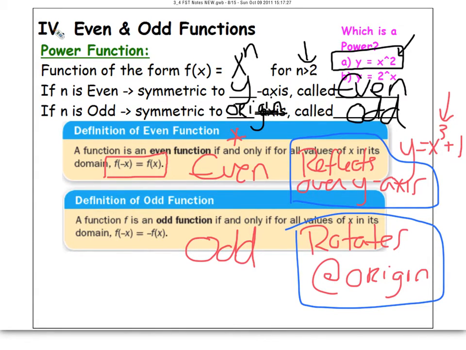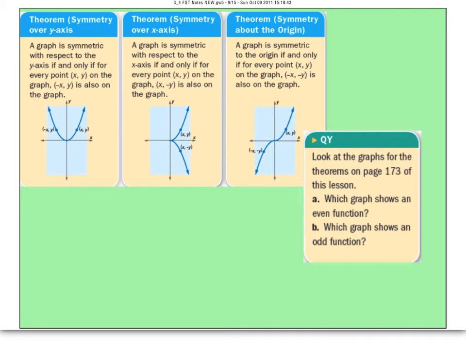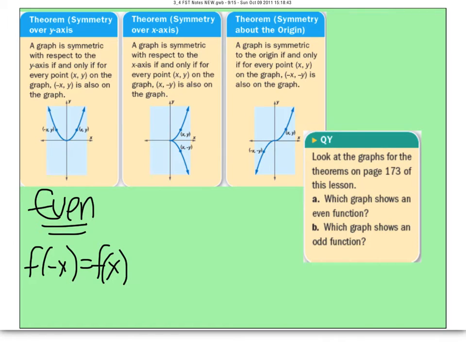So now I just want you to make note of this slide. I think it's a great summary reference as you're doing your homework. Here it says if something is symmetric over the y-axis, again, we're going to see the ordered pair relationship. Let's jot this down. We call it even, and the test again is f of negative x. When we put the negative in, we get back the original. Now this second one again was just more informational, what it looked like to flip over the x.